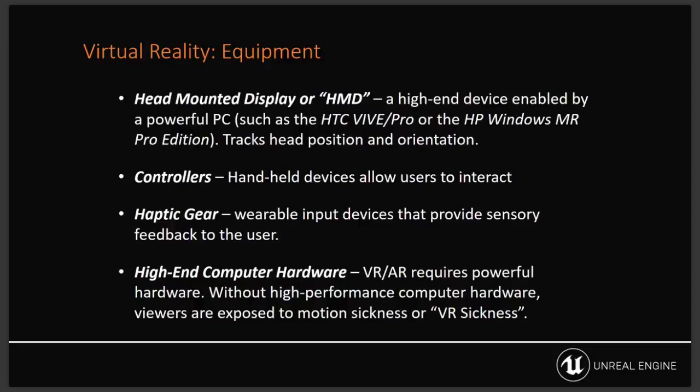Experiencing CAD data, for example, you really need the high performance hardware to make sure that the experience is enjoyable. There is a thing called motion sickness, or as they call it, VR sickness, where if that minimum frame rate of 90 frames per second isn't hit, you're going to feel uncomfortable. You're going to feel what we call VR sickness, and it very much is this feeling of motion sickness.